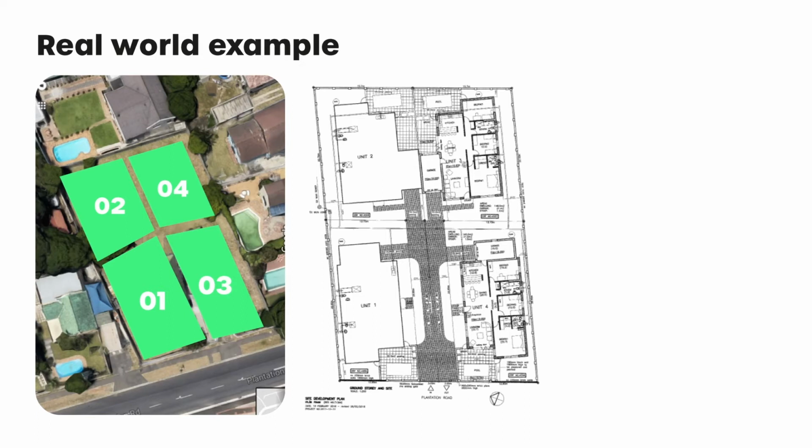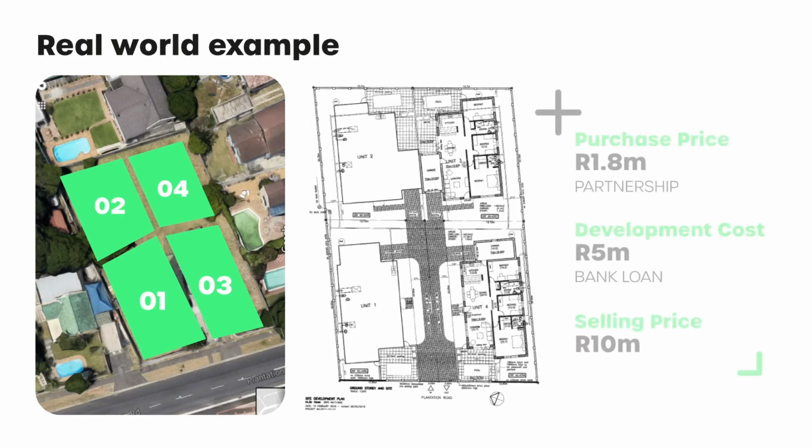And within a period of 2.5 years, we are now at a point where we will hopefully break ground in a few weeks' time and sell that property for approximately 10 million Rand. So 2.5 million Rand per site.